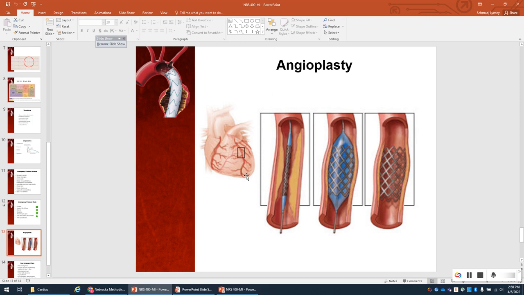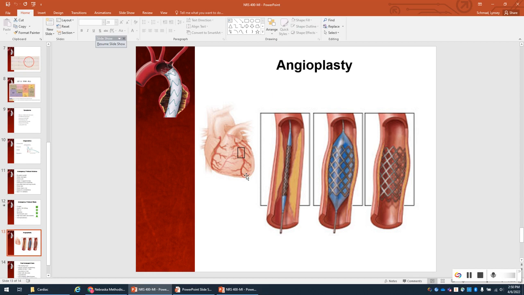So again, the balloon is inserted, pushes the plaque up against the wall of the artery, and then the stent is placed to keep that artery open. Stents can be at risk for clotting, so often these patients will receive unfractionated heparin or low molecular weight heparin during the catheterization procedure. Following this, the patient receives dual antiplatelet therapy.